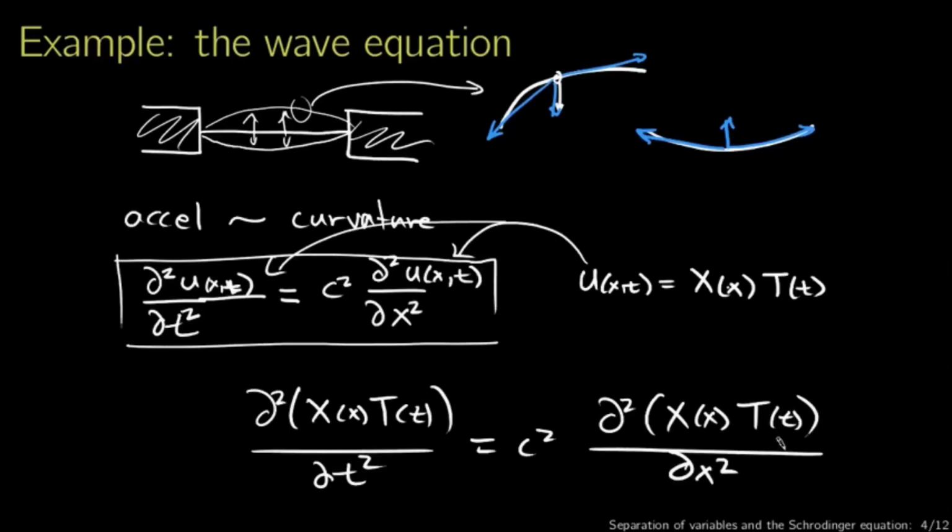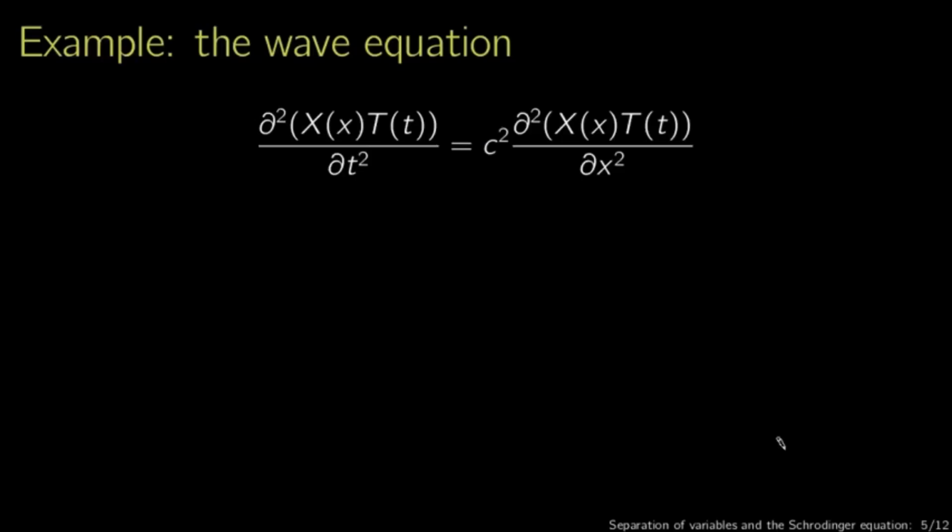So this hasn't really gotten us anywhere yet, but what you notice here is we have derivatives with respect to time, and then we have this function of position. Since these are partial derivatives, they're derivatives taken with everything else other than the variable that you're concerned with held constant, which means this part here, which is only a function of position, can be treated as a constant and taken outside of the derivative. The same sort of thing happens here.